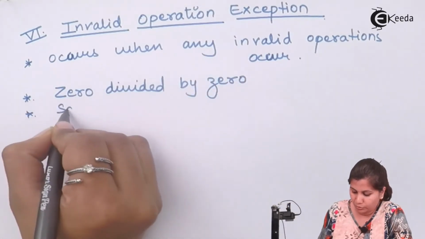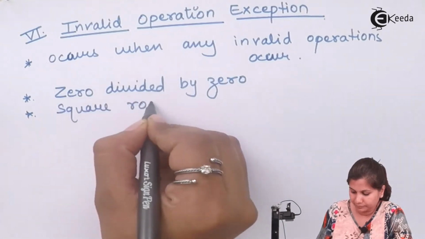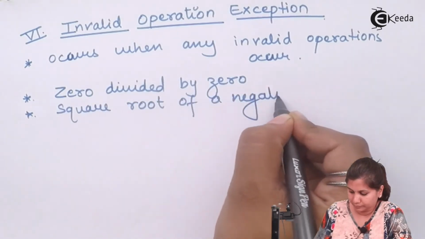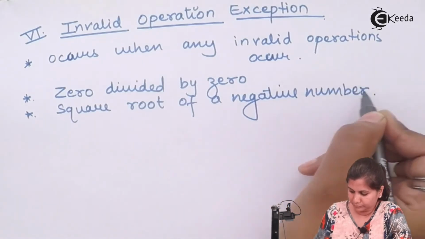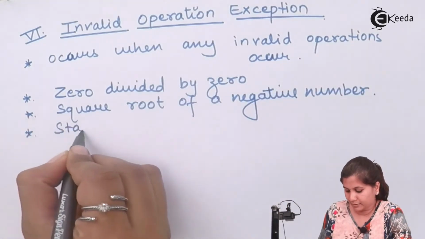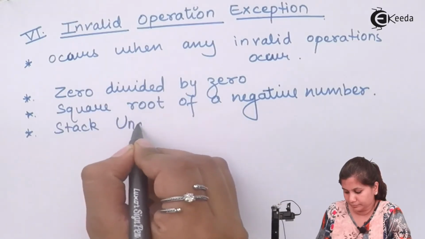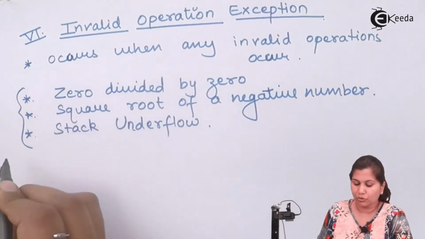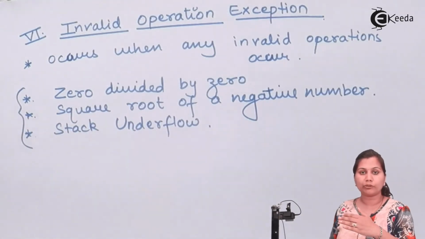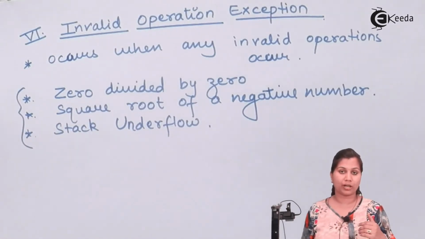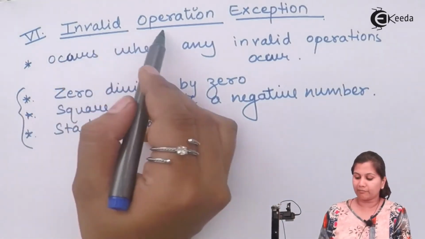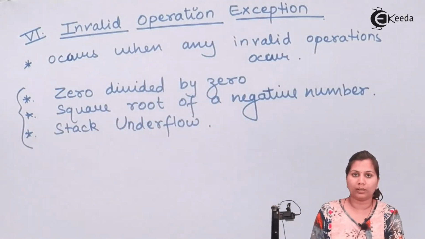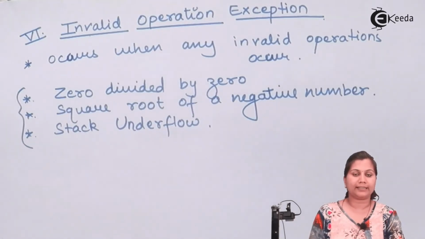Another is the square root of a negative number. Then stack underflow. So these are some of the examples of the invalid operation. If any of these operations is attempted, then this invalid operation error is going to occur. So these are the 6 exceptions occurring in the 8087 coprocessor.